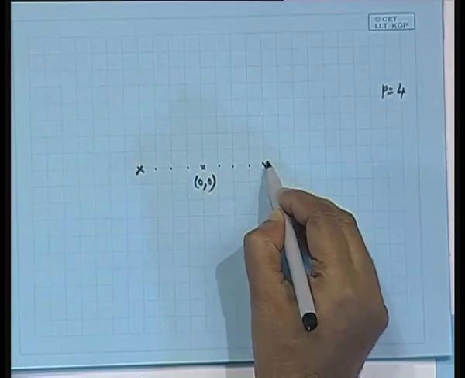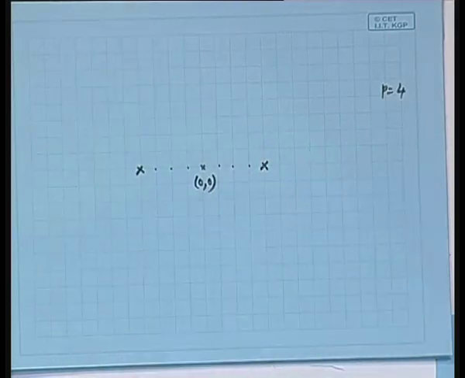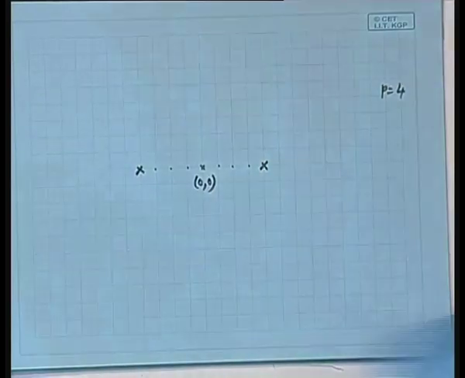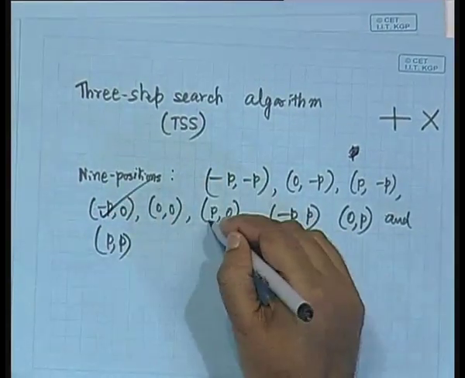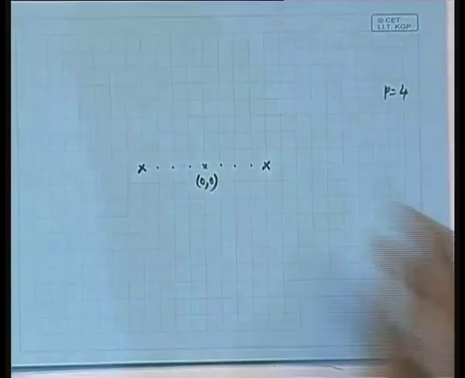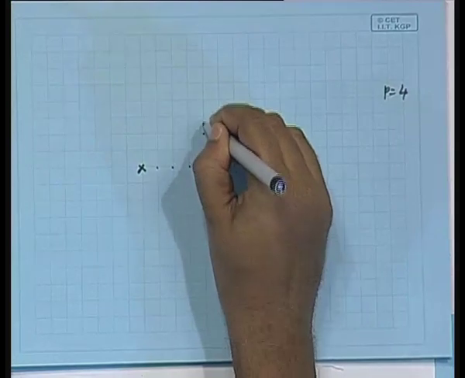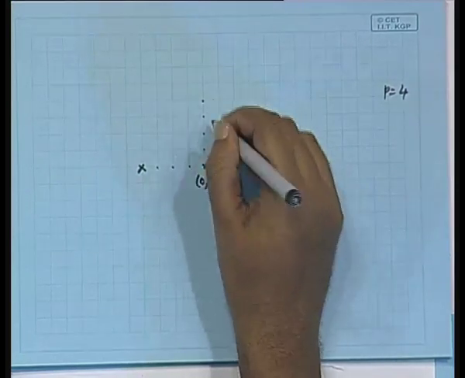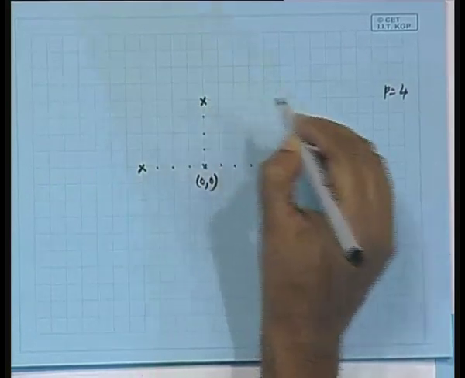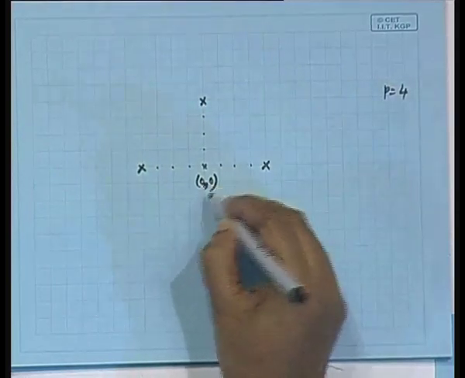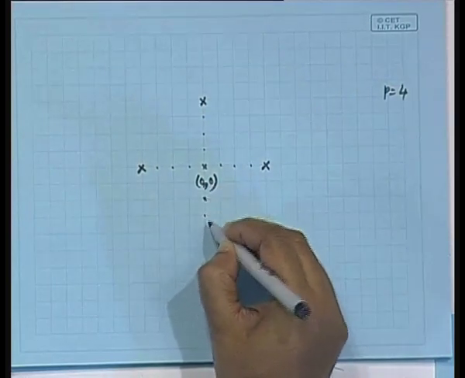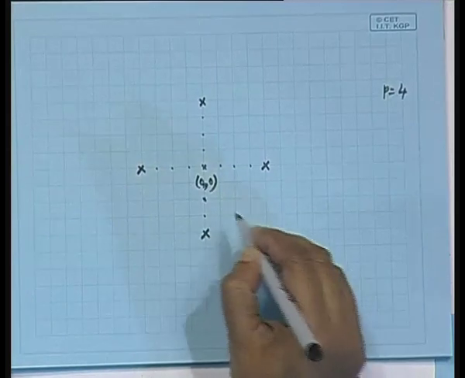So this is p 0. So we have shown minus p 0, we have shown p 0. Then we have to show the ends of the plus, if we say. So then it is 0 minus p, and this is 2, 3, 4. So this is 0 plus p.